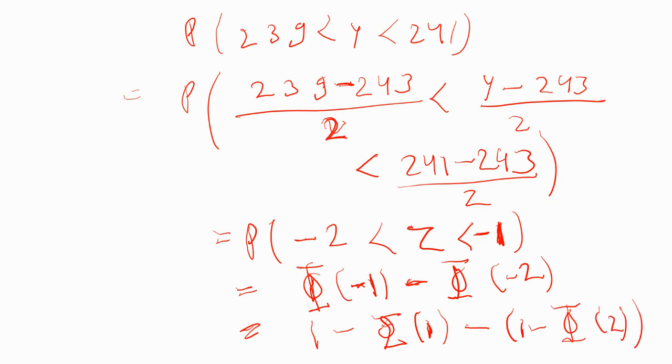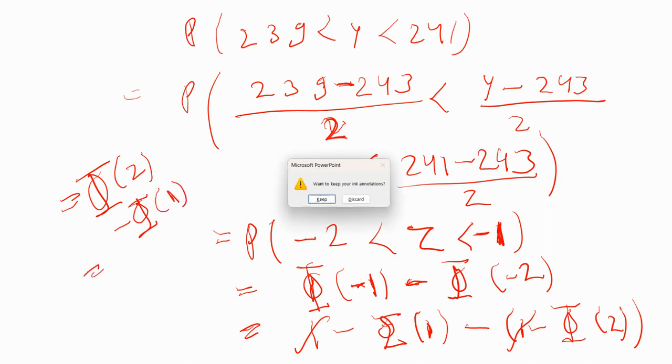Okay, so 1 and 1 will cancel out, and this minus minus will be plus, so it will be phi 2 minus phi 1. So ultimately you will have phi 2 minus phi 1. That means we need the value of z at 2 and 1.